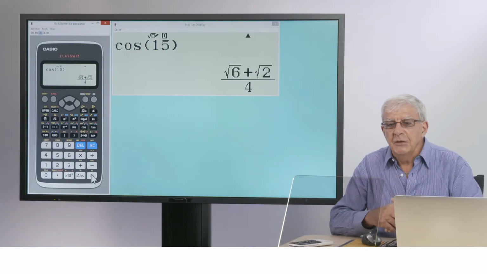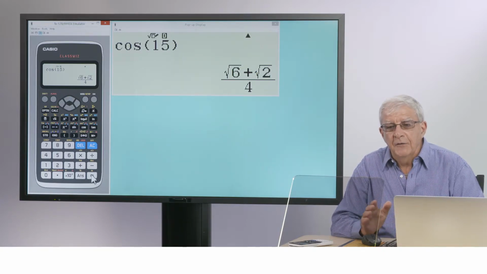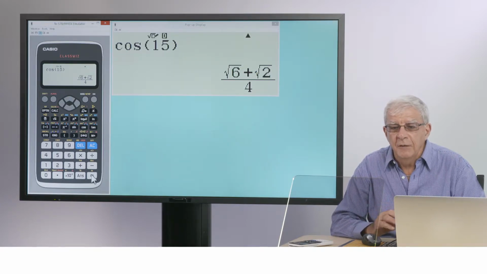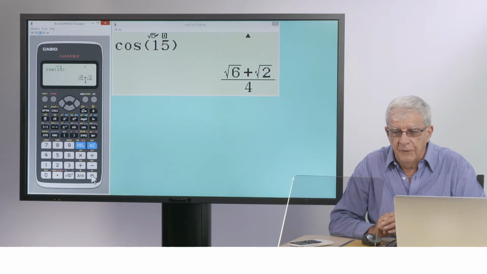If an angle is measured in parts of a degree, you can use decimals, but it is often better to use degrees and minutes and seconds, using the degrees, minutes and seconds key.